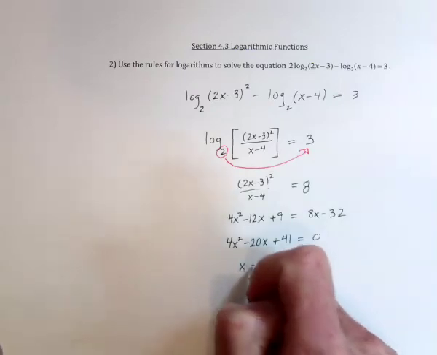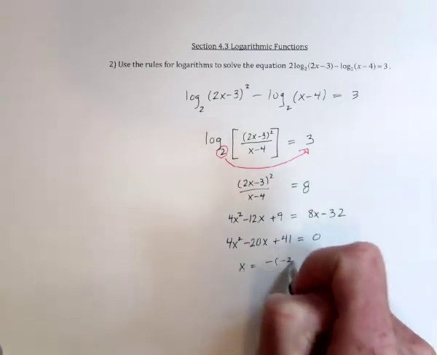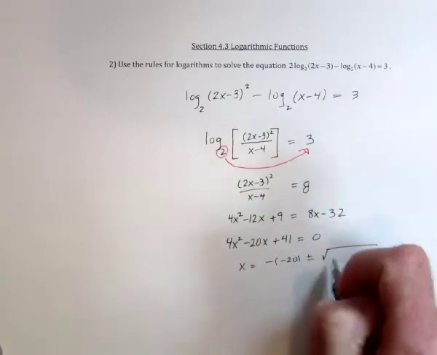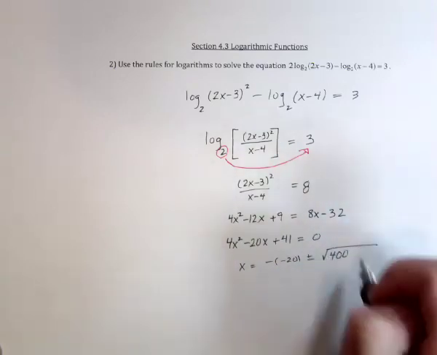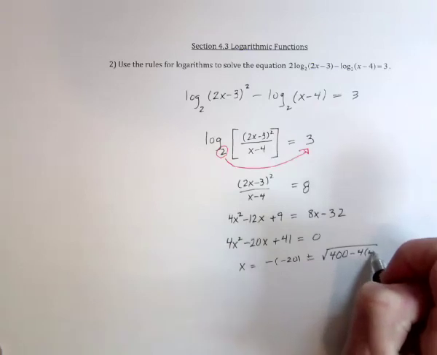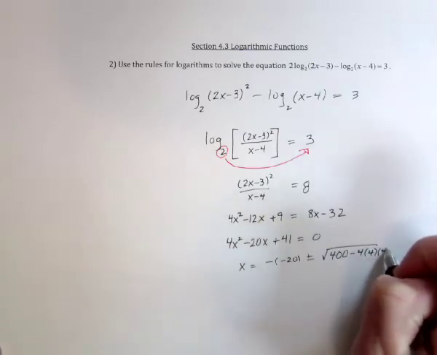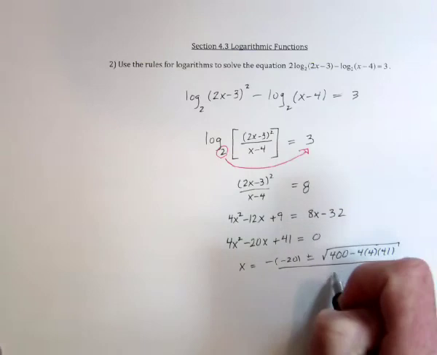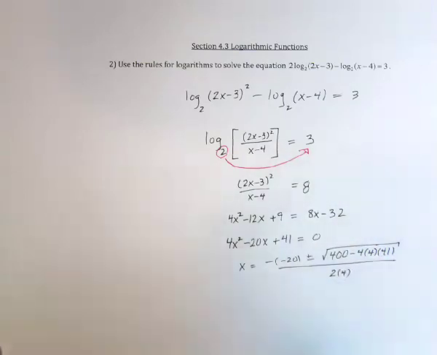So x is equal to negative b plus or minus the square root of b squared minus 4 times the a times the c. And then it's divided by 2 times a.